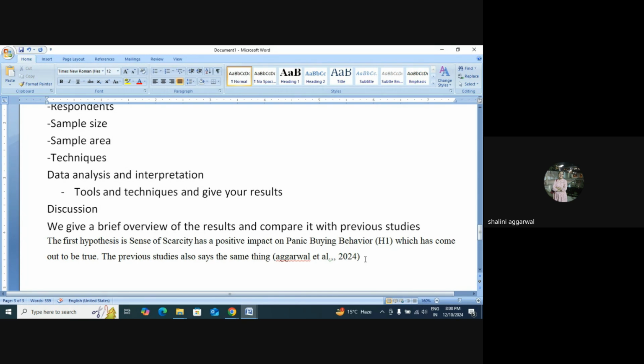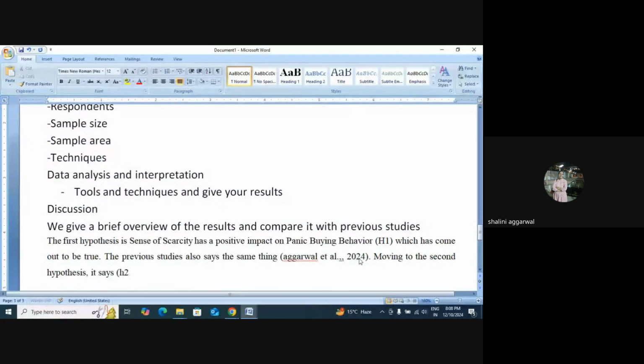What we are going to do here is give a brief overview of our data analysis part. All the hypotheses that we have set in the review of literature part, we move to the next. You will write, moving to the second hypothesis, it says whatever it is, right?